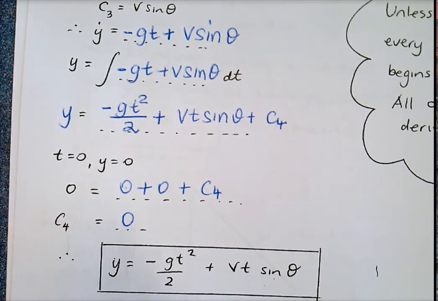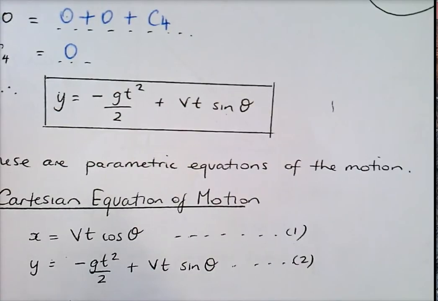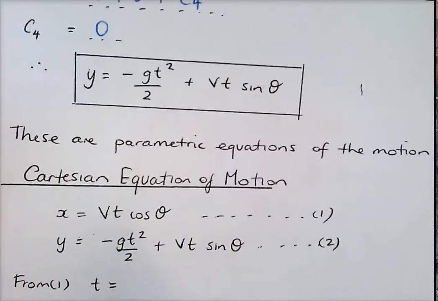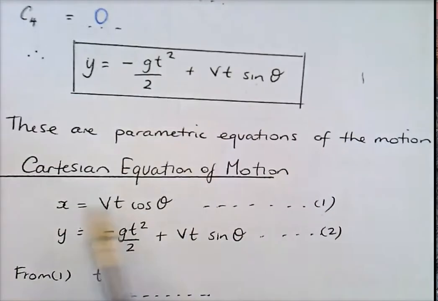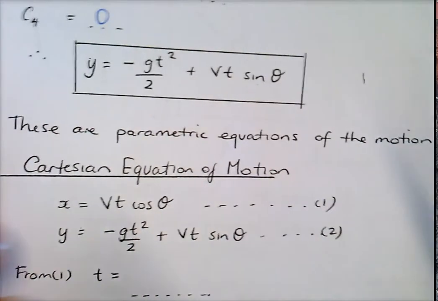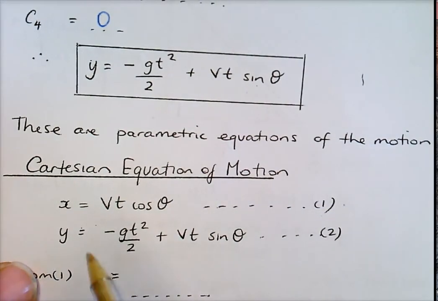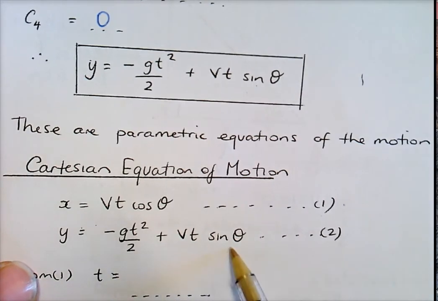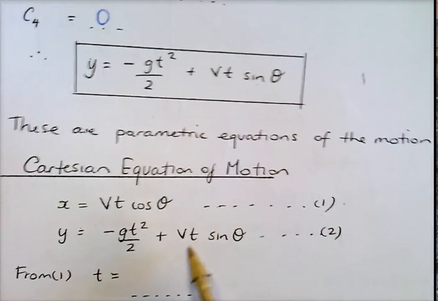These are called the parametric equations because they're describing x and y in terms of t. Do you remember parametrics? Now you can work out the Cartesian equation of motion. See girls, I've got x is vt cos theta, the horizontal displacement, and I've got y equals negative gt squared on 2 plus vt sine theta, the vertical displacement.